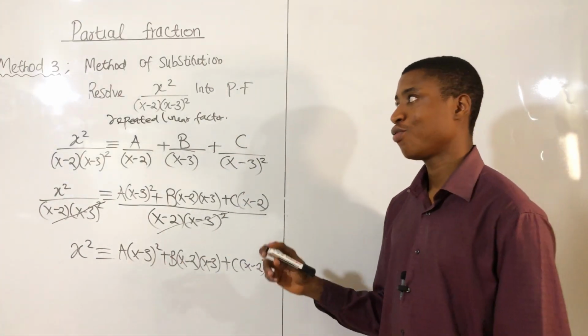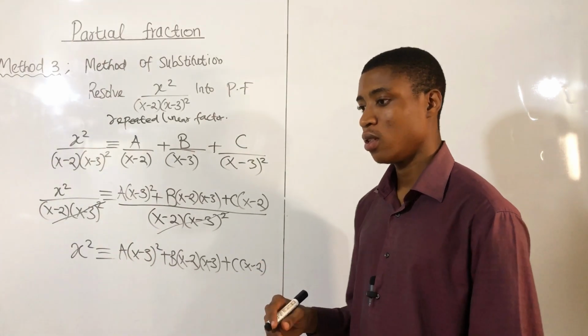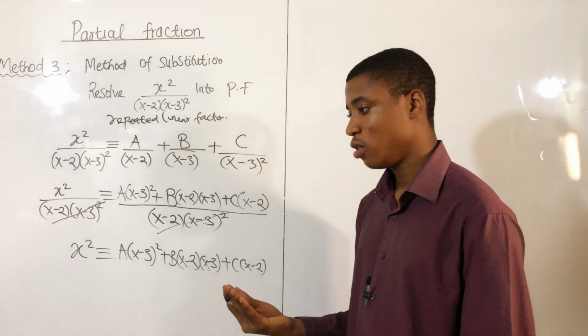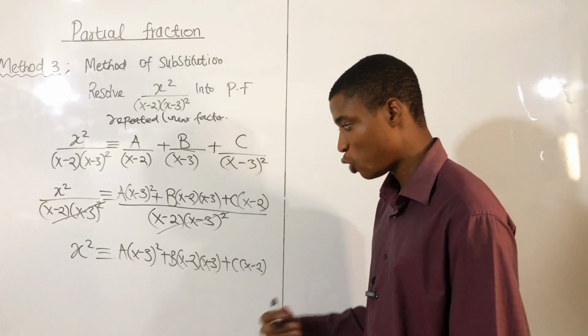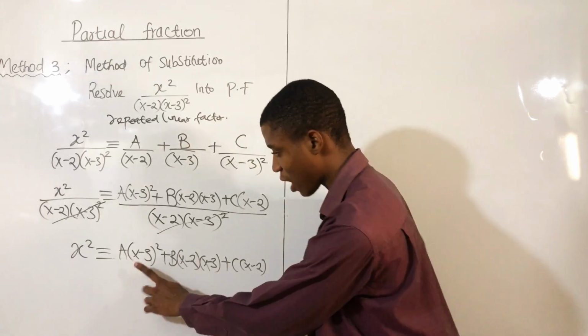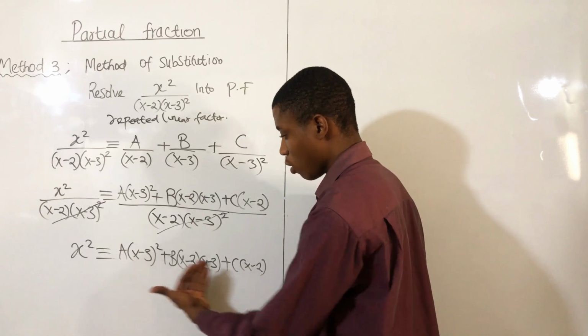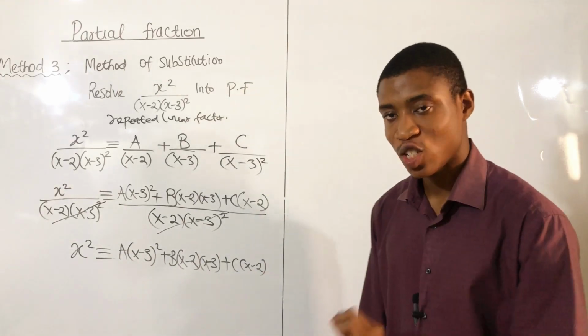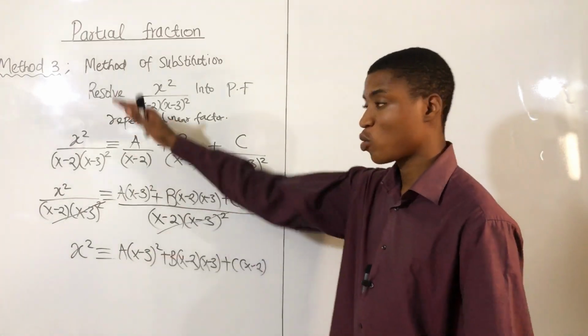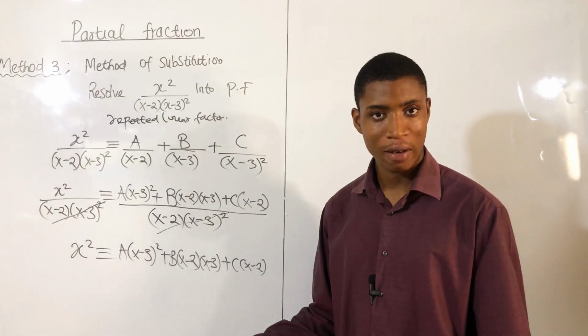Of course, now it's very important. The method of substitution is very important because it's easy for us to assume which value we substitute for x. If we take x as 0, we cannot calculate. One of the reasons why we substitute the value of x is to make A, B, and C the subject of the formula, right?